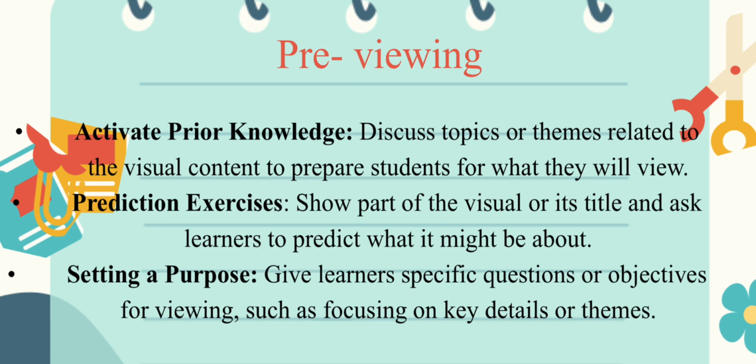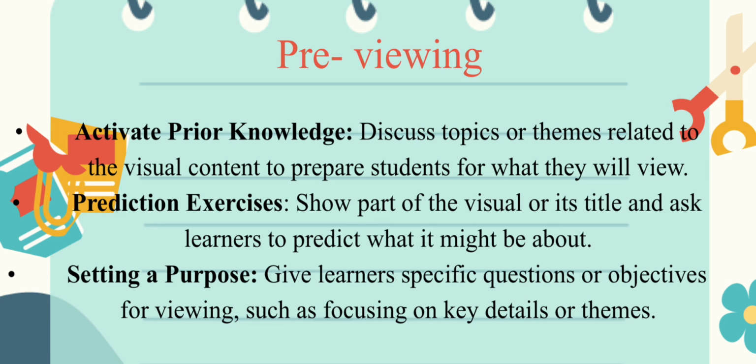Giving learners specific questions or objectives for viewing, such as focusing on details or themes. This strategy provides structure and direction, ensuring that students focus on the key aspects of the actual content while avoiding distraction.